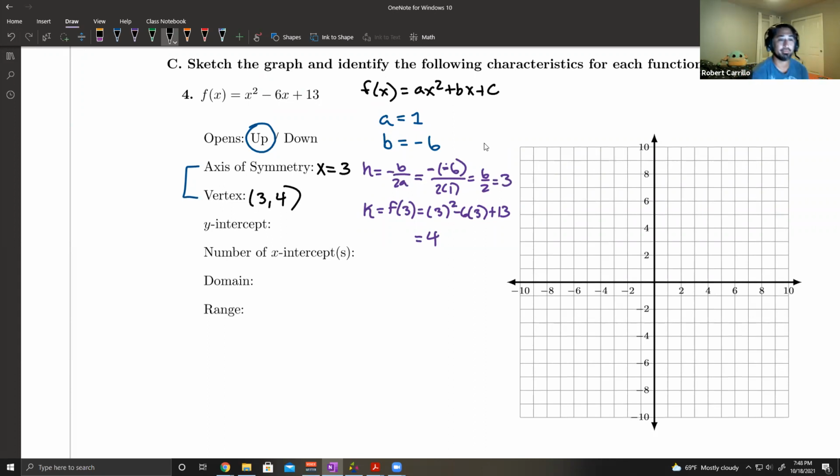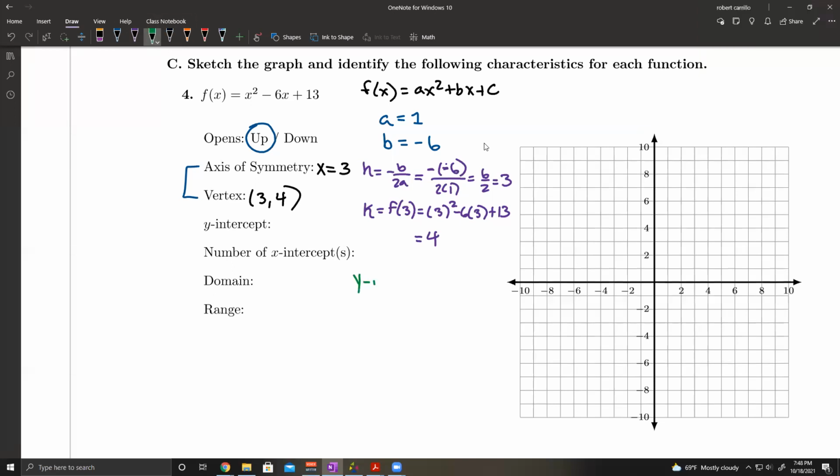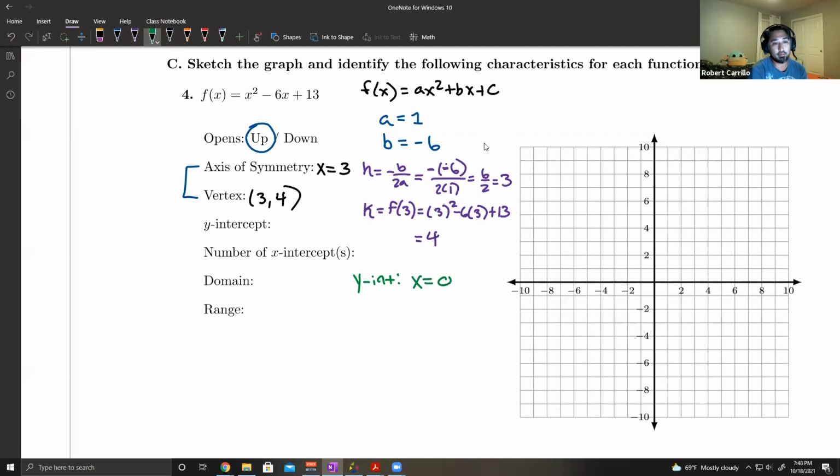Okay, sweet. And now we want to find a Y-intercept. How do we find a Y-intercept? We let X equal what number? 0. Good. So to find a Y-intercept, we let X equal 0, which means we plug it in for every X into the original function.